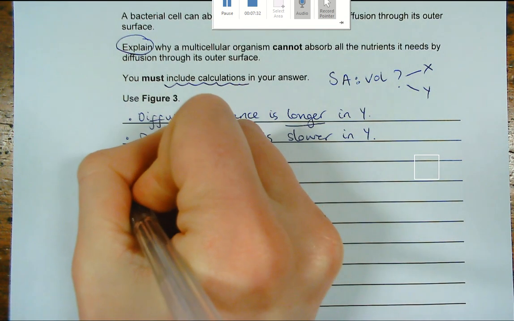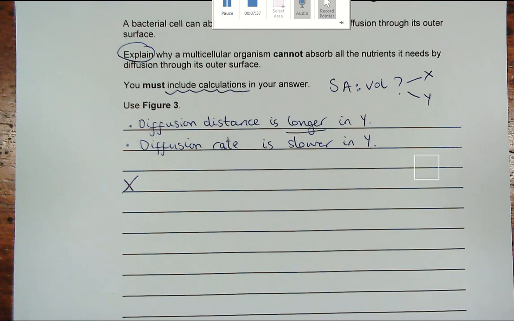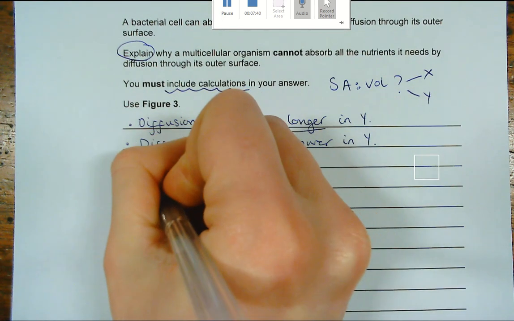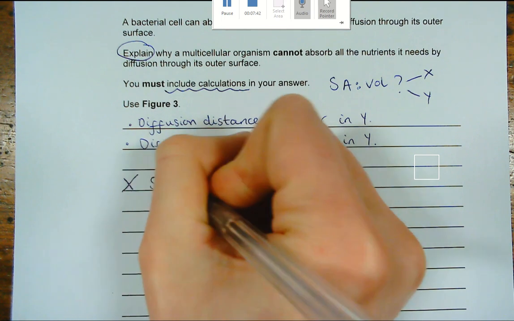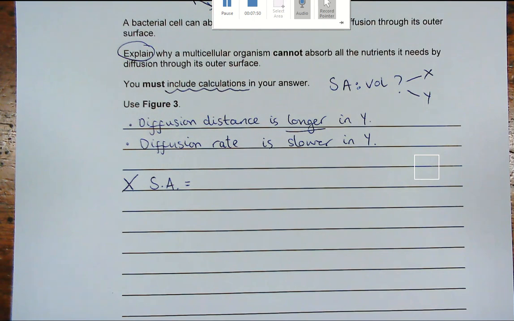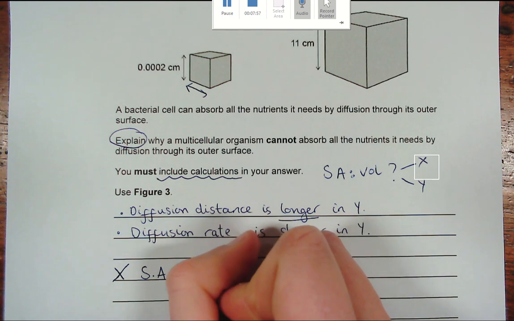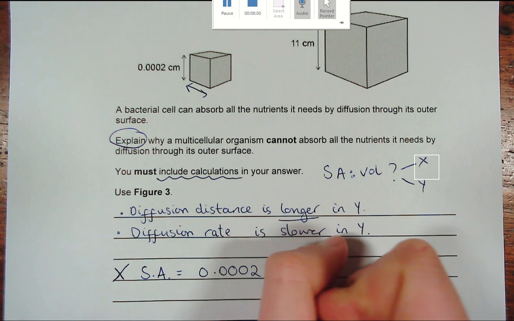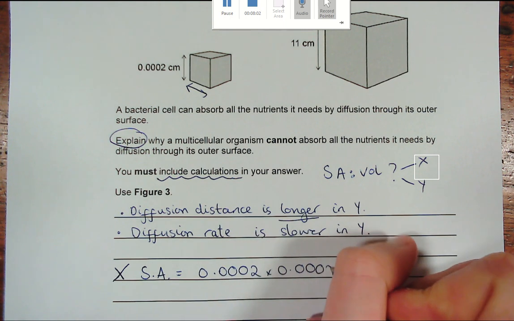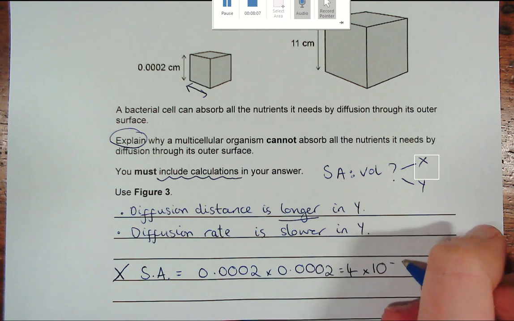So if I start with X, I'm going to apply just what I did in the previous example. If I look at its surface area, I need to multiply this length by this length. So 0.0002 multiplied by 0.0002. And that gives me an answer of 4 times 10 to the minus 8.